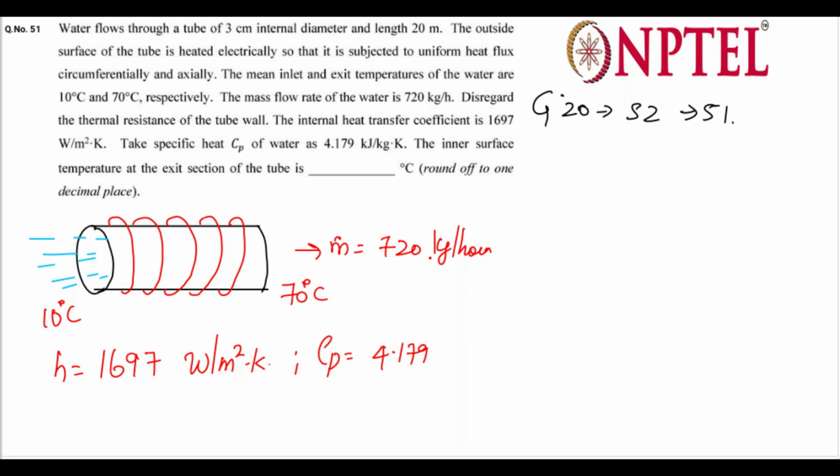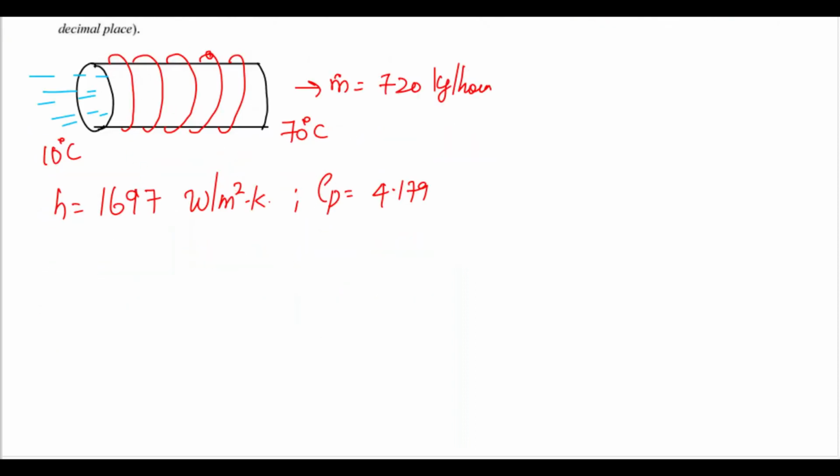Inner surface temperature. The data is given: delta T is given, Cp is given, and mass flow rate is given. Since they are asking for the inner surface temperature at the exit section, we need to know the flux created by the outside electrical heater. So we can start by applying the energy balance equation.